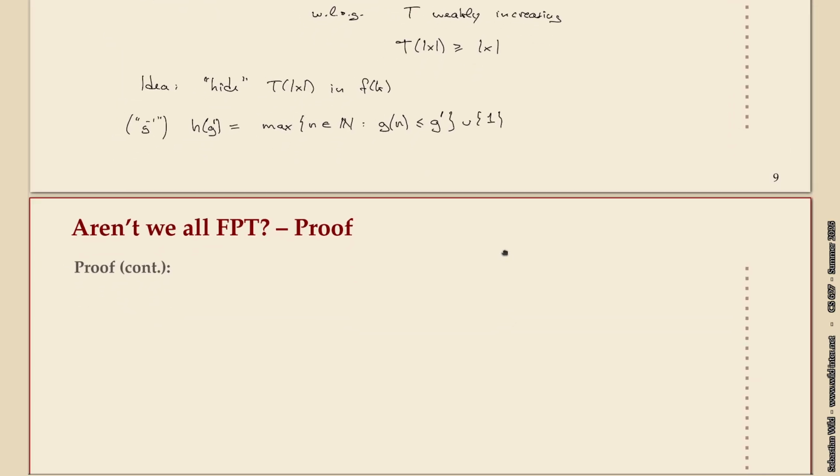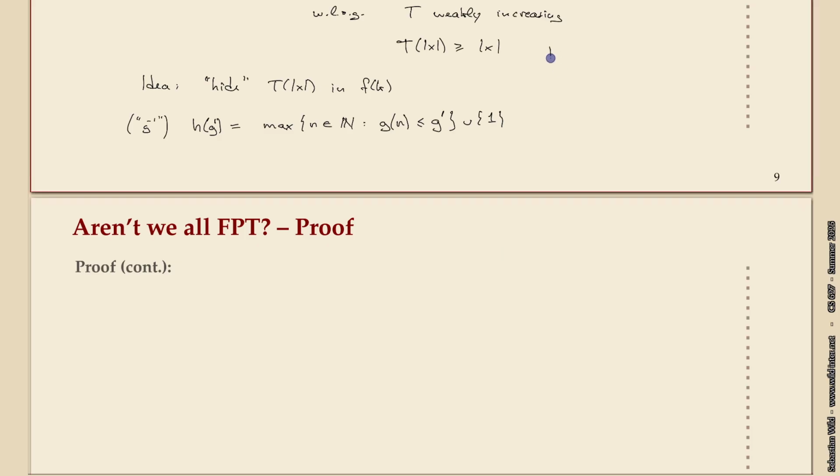Okay. Let's sketch a bit what this function looks like. And let's start with drawing our function g. It might be low at some point, then it might jump. It might stay constant for a while, but it will eventually go above any kind of bound that you set for it.